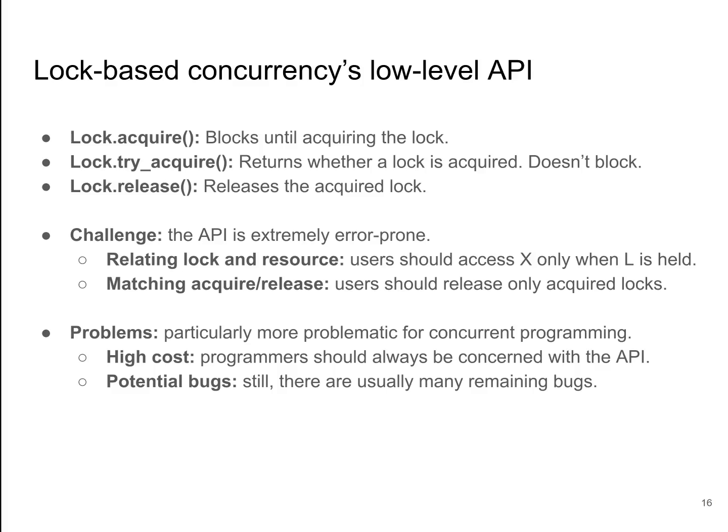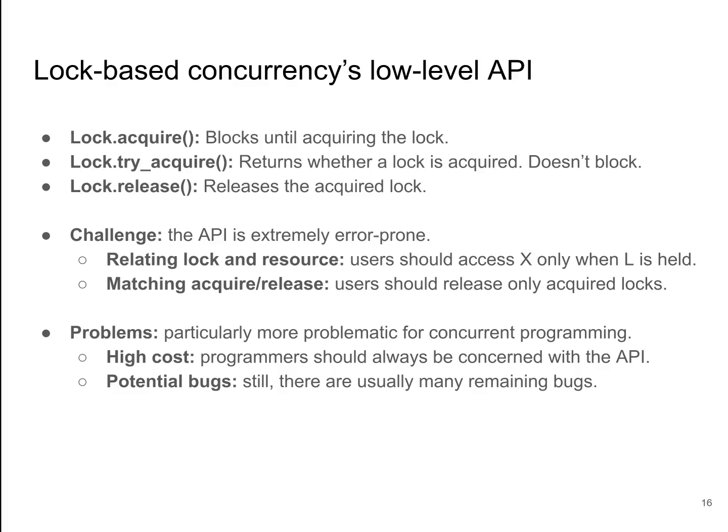And still, even though programmers are very much concerned with these bugs, usually there will be remaining bugs in large systems. I saw concurrent programs of millions or tens of millions of lines of code, and they usually have a lot of bugs because no one understands the entire invariant.